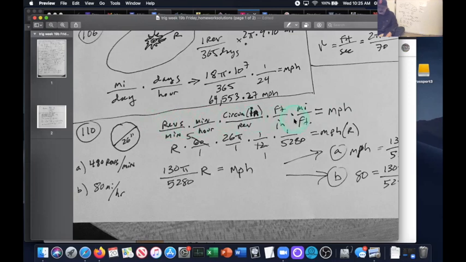So I set up this cancellation to create a formula that will go from revolutions per minute to miles per hour and vice versa. Okay, so here's how I set it up.